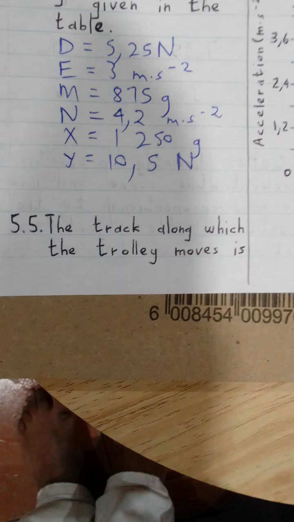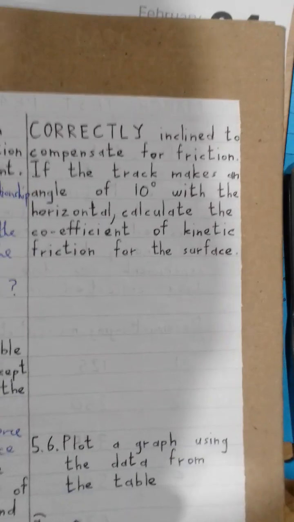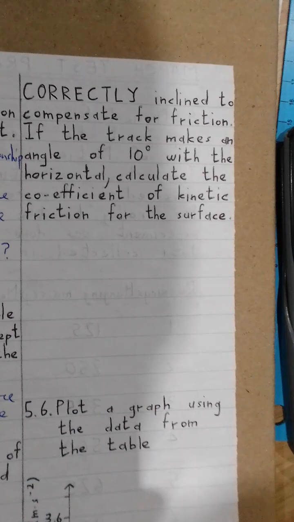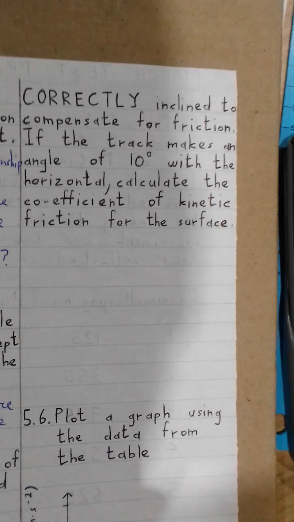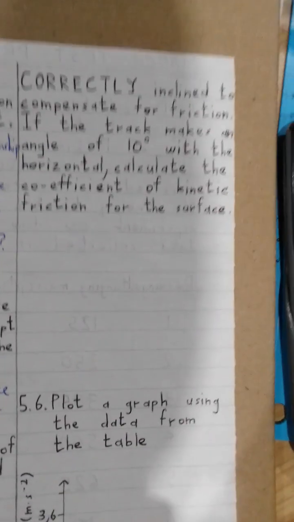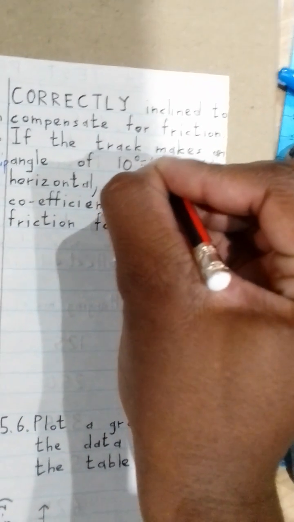5.5 states, the track along which the trolley moves is correctly inclined to compensate for friction. If the track makes an angle of 10 degrees with the horizontal, calculate the coefficient of kinetic friction for the surface. So remember, the angle 10 degrees, so this is theta.